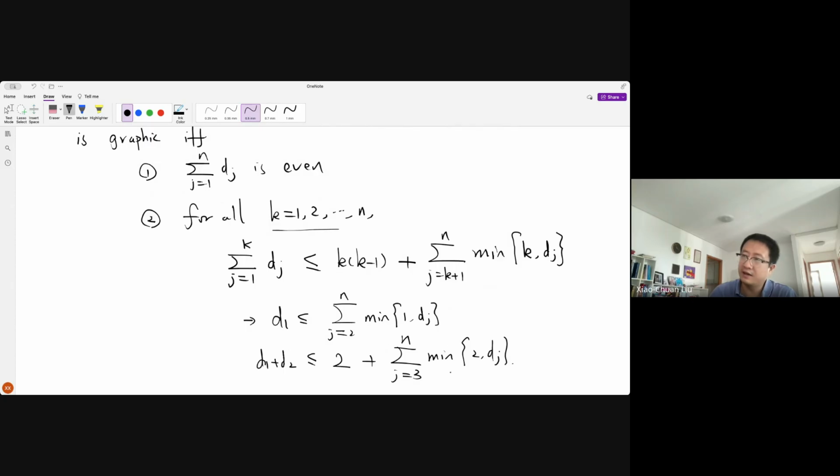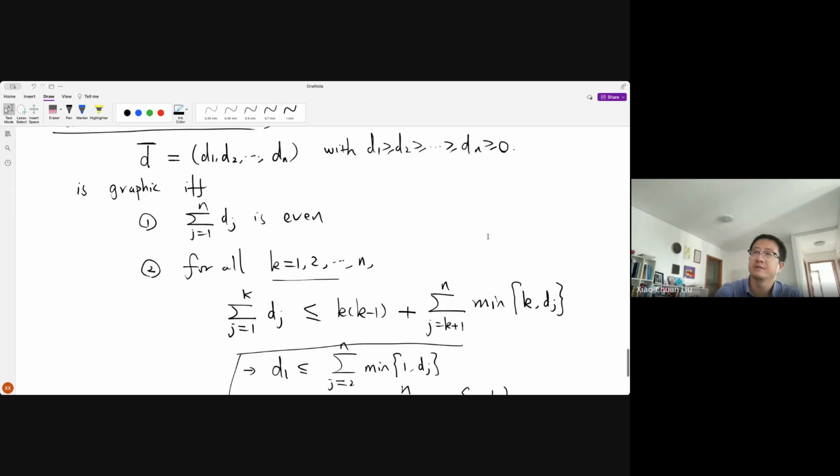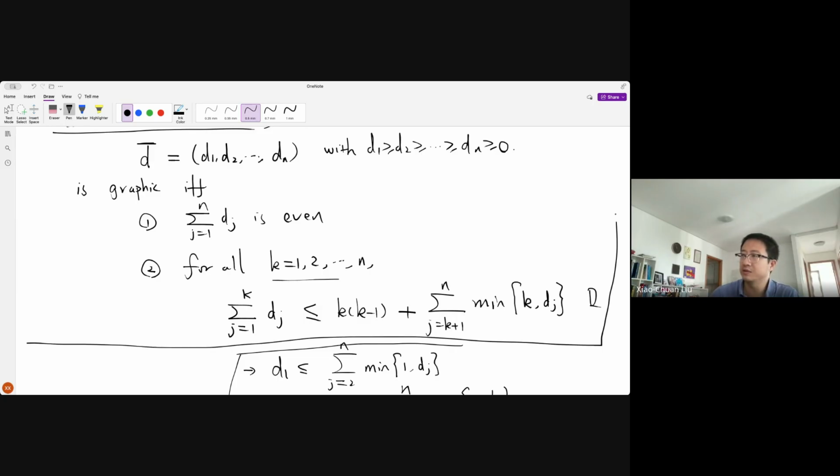You have to write down n similar inequalities. So if and only if all these are correct. Okay, so this is the statement of the theorem.